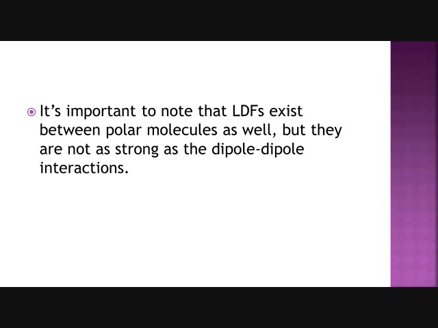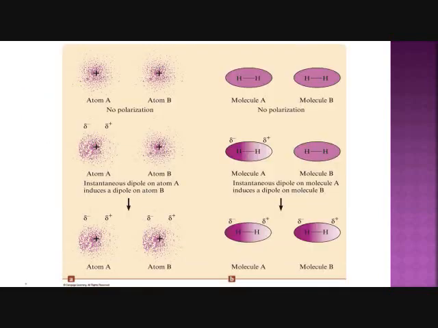A lot of times we have lots of different types of intermolecular forces between molecules, but we don't always think about every single one, because lots of different types of forces can interact. This picture is in your textbook on page 457. It's showing the instantaneous dipoles that are created with London dispersion force.